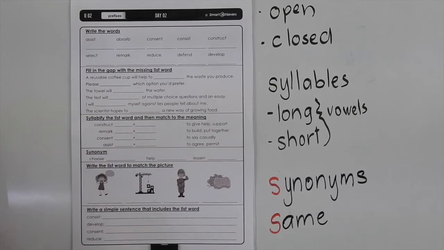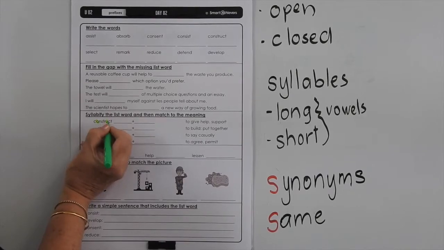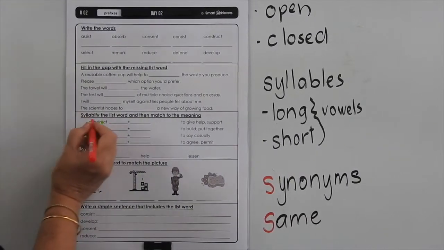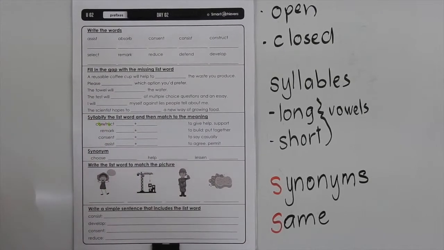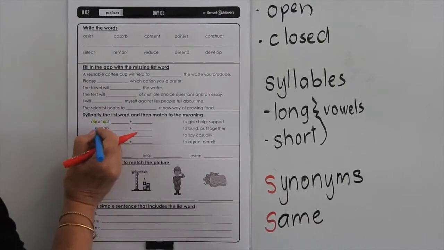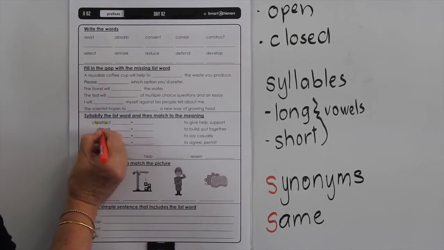So you know you're going to have to identify the short vowel sounds. Construct, you've got two short vowel sounds in those, and you can see after it you've got more than one consonant. So in remark you've got a long vowel sound, and you can see then you've only got one consonant after it.